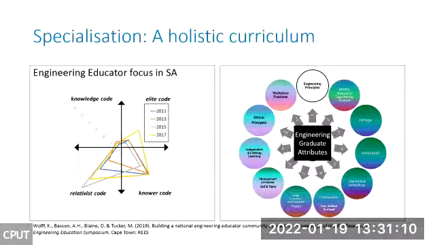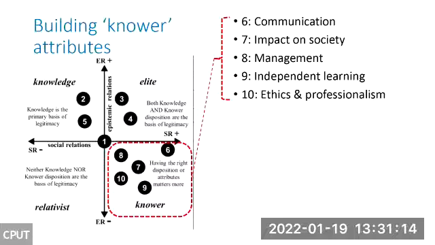So if we take this one step further and we go, okay, so let's agree that there's a lot of knowery stuff actually that we want from our students. If we look at those outcomes and we know there's knowery stuff, particularly in our case, that whole communication, impact on society, management, independent learning, ethics and professionalism, all depend or are anchored in some way on a kind of disposition.